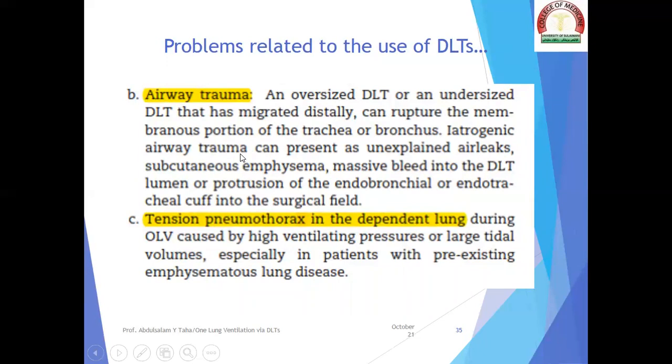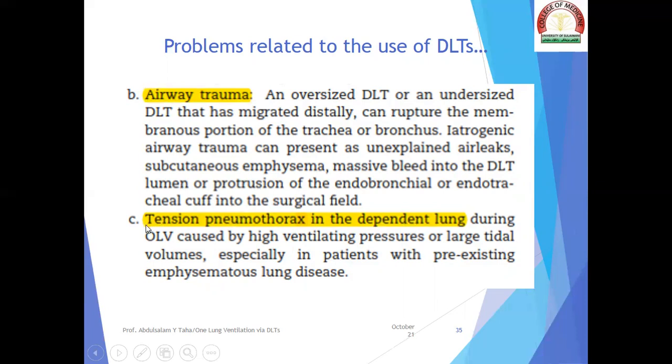Iatrogenic airway trauma can present as unexplained air leaks, subcutaneous emphysema, massive bleed into the double lumen tube lumen, or protrusion of the endobronchial or endotracheal cuff into the surgical field.